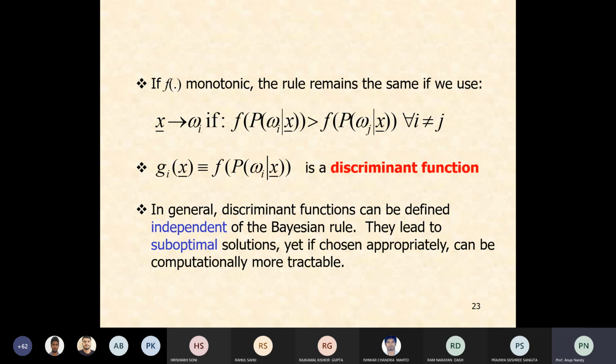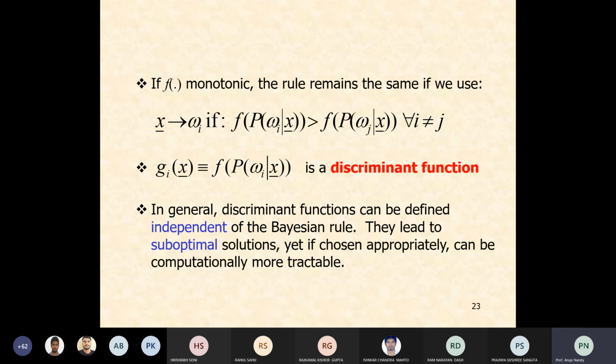The decision surface for separating the two regions R1 and R2 can be described by gi(x) - gj(x) = 0. So that is the main concept, and obviously we will have a lot of discussion on the decision surface and the discriminant functions. In general, this discriminant function is gi(x) = f(P(wi|x)).